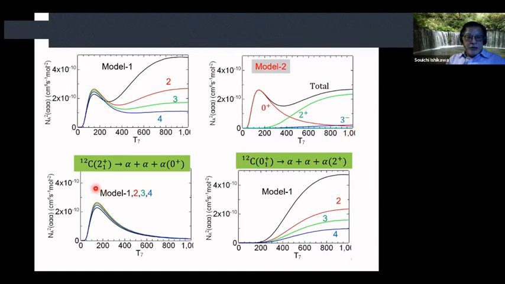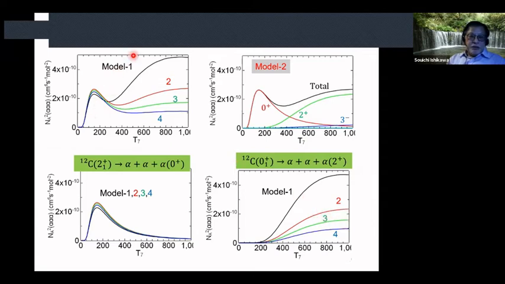And this is the 0 plus contribution to the reaction rate. The model dependence is rather mild, but this mainly comes from the Hoyle state. But for the ground state to 2 plus state transition, there is large model dependence.